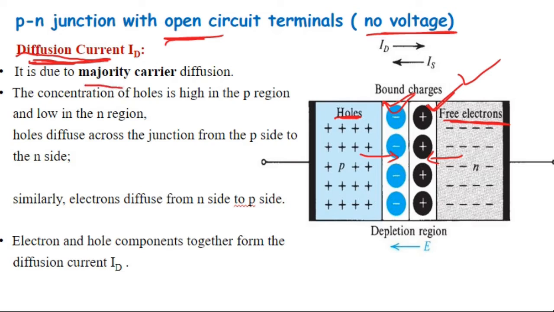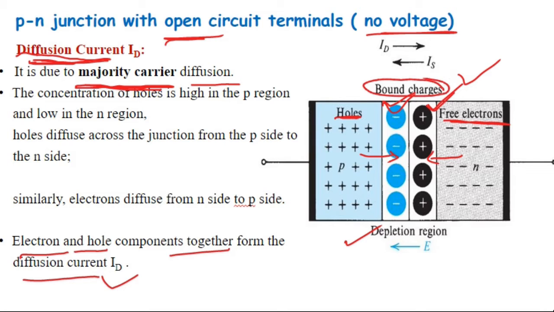It is due to the flow of majority carriers, or majority carrier diffusion. So electrons and hole components together form the diffusion current. Now we are going to see how a region known as the depletion region is formed with the help of these negative and positive ions, which are also called bound charges. Here you can see ID is the diffusion current, and it is flowing from positive to negative direction.